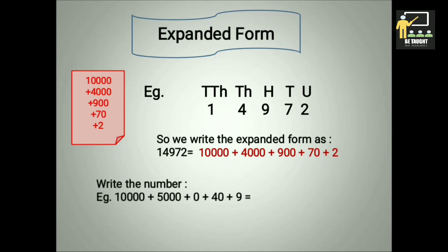And how to write the number? For example, here they have given us 10,000 plus 5,000 plus 0 plus 40 plus 9. So you have to see the first digit of all the numbers which are given to you and you have to add it. So you will get the number 15,049.